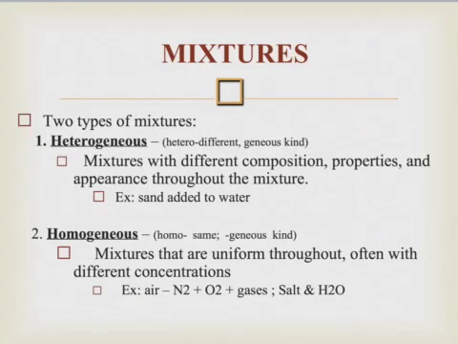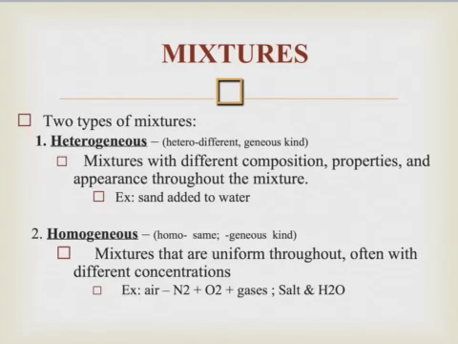Here are the two definitions of mixtures. So there's heterogeneous mixtures and homogeneous mixtures. A heterogeneous mixture is a mixture that when the things were mixed together, they didn't mix really well. So the mixture has different compositions, different properties, meaning it looks a little different in some areas than others, like oil and water.